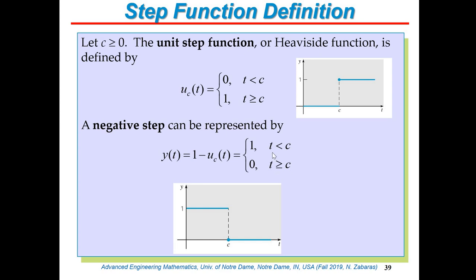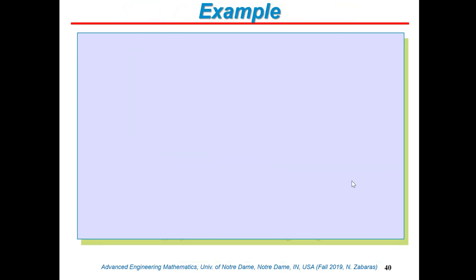So an easy way to represent this is to write it as 1 minus uc of t. You can see that for t less than c, uc of t is equal to 0. This is what we had before. And after that it is equal to 1. So 1 minus 1 equal to 0. So this is a negative step function.